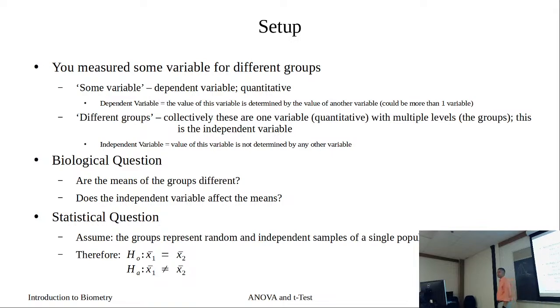Why is that? Because we're going to assume that all of our groups come from the same population. If we have one population, this population has a mean and standard deviation. If we take a random sample from this population, each one has a sample mean and a sample standard deviation.